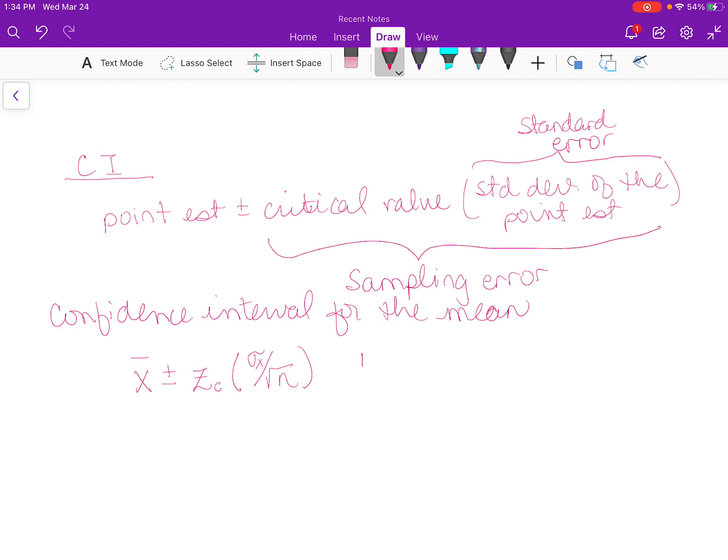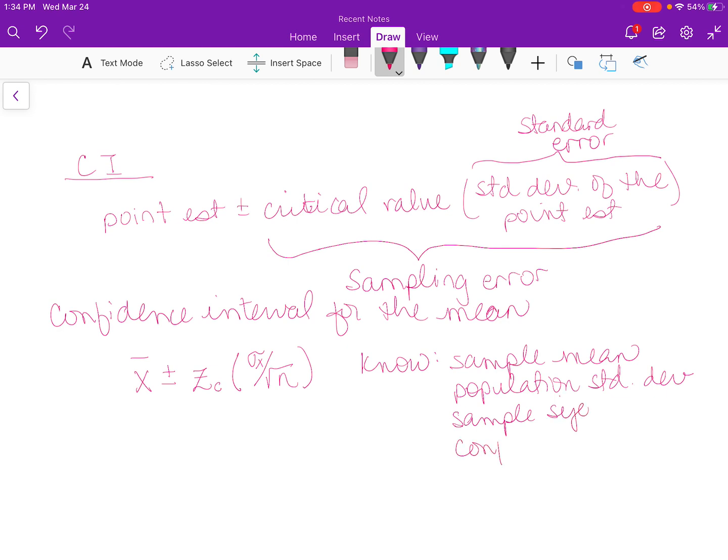I would have to know 3 things: the sample mean, the population standard deviation, actually 4 things, the sample size, and the confidence level.